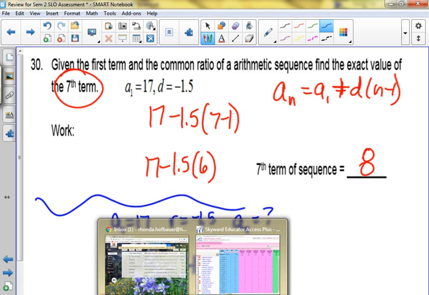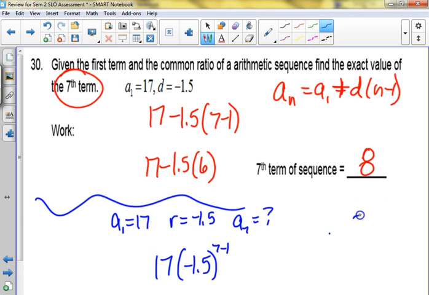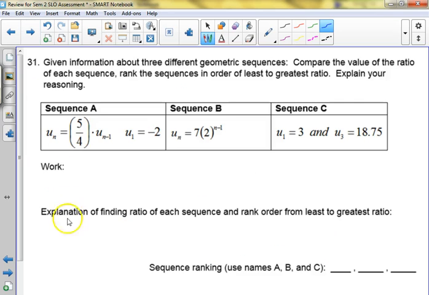And we would remember our parentheses. 17 times negative 1.5 to the 6th. Yeah, it's a lovely 193.64, blah, blah, blah. Not that bad on the test, but you get the idea, right? Okay. There's a difference, arithmetic, geometric.